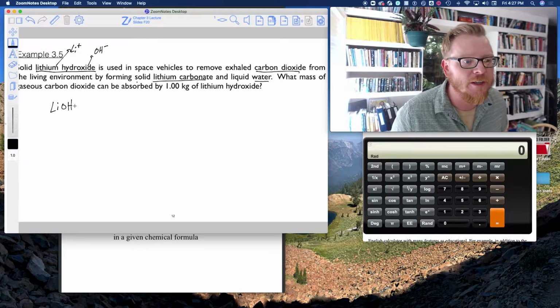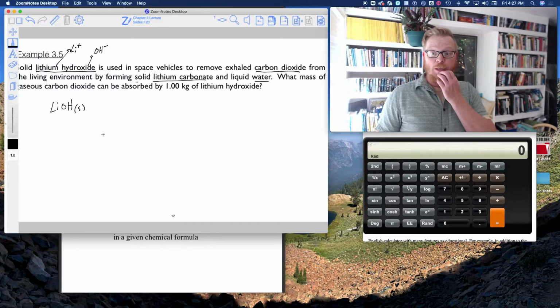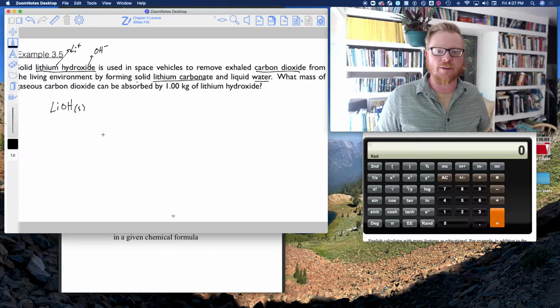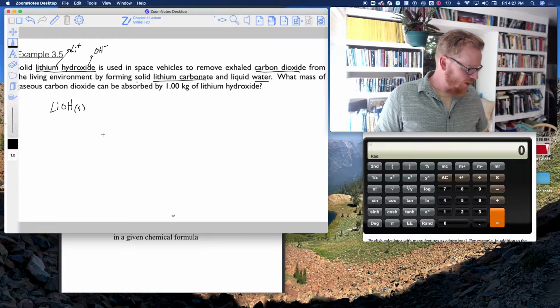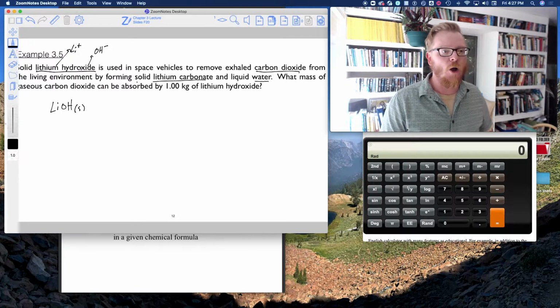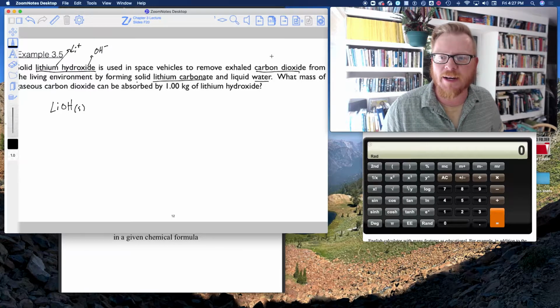And it says solid, so I'm gonna put that little subscript down there, and I want you to get used to putting those phases in. Sometimes we don't worry about putting the phases in if it's not that big of a deal, but when we can see with this reaction, when we have different phases, solid, liquid, and gas, you gotta put them in there, all right?